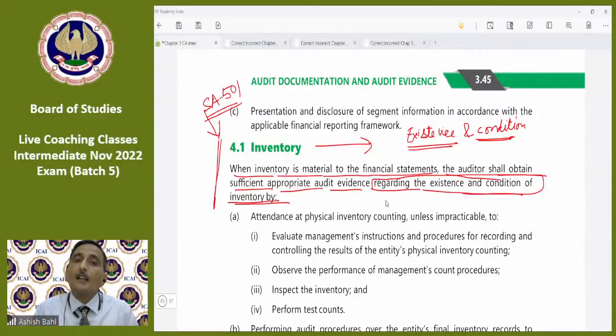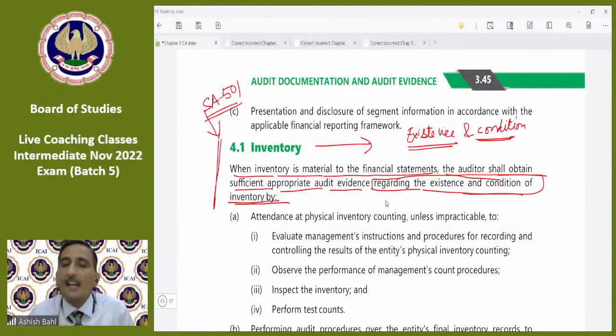So whether these inventories existed on the closing date or not, and what was the condition of inventory: whether these were running items or whether there was substantial old, slow moving, dead stock in it, items which were not moving, items which might have deteriorated, whose quality might have become bad because they are very old and might not be sellable. These kinds of things.